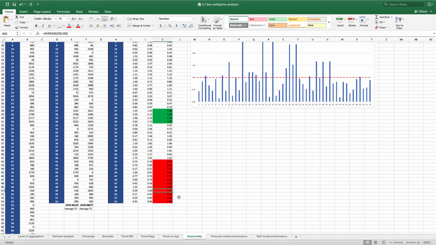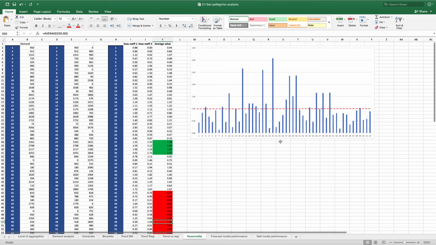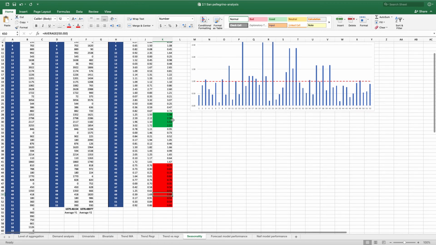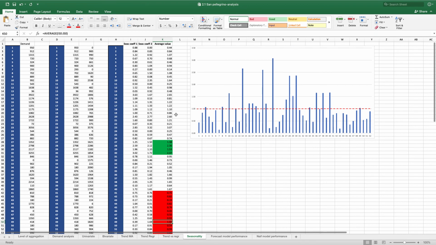And then, if we exclude this outlier, which is 1.04, you have from week 41 to week 52, so at the end of the year, a demand which is systematically lower than the average. So it means that you will have an under demand compared to the average. These are the only considerations you can infer after having analyzed the demand in terms of the seasonality coefficient and the seasonality component.